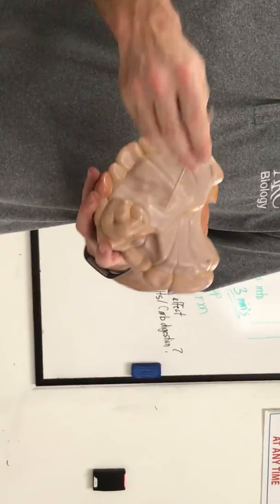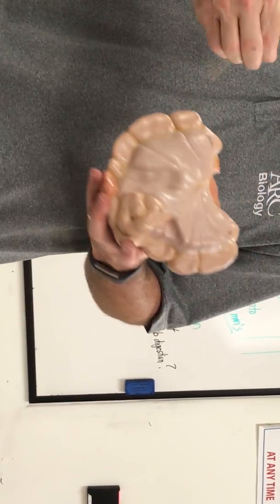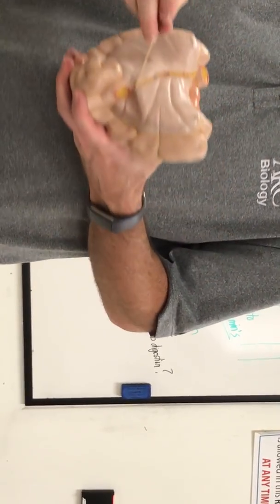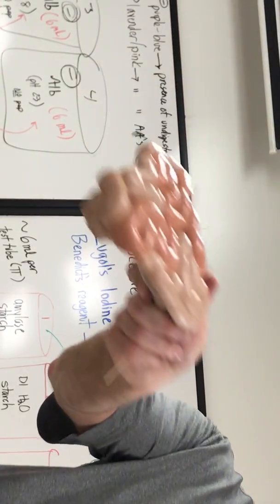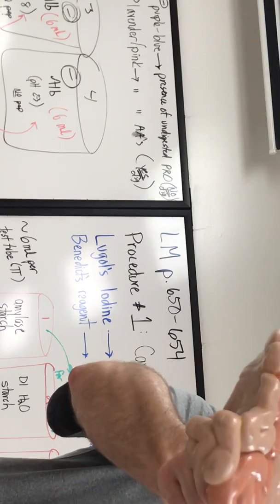So here again is the cut edge of a mesentery that fans out to the small intestine, minus the duodenum. So this is the cut edge of mesentery proper. And then this is all, which parts? Jejunum and ileum, right?